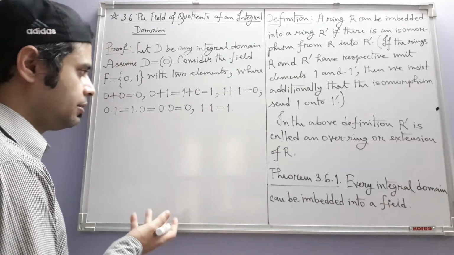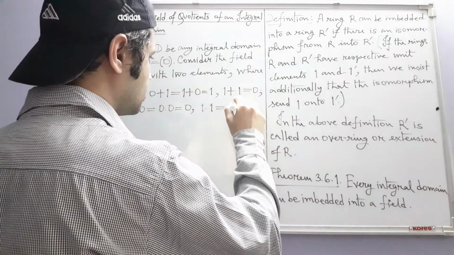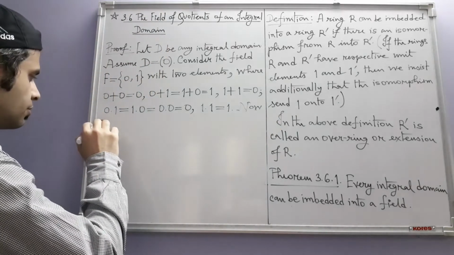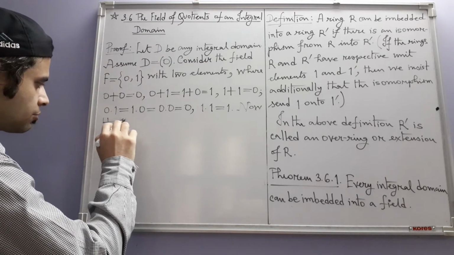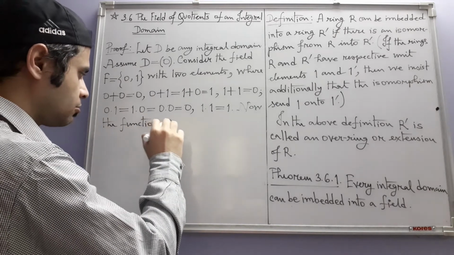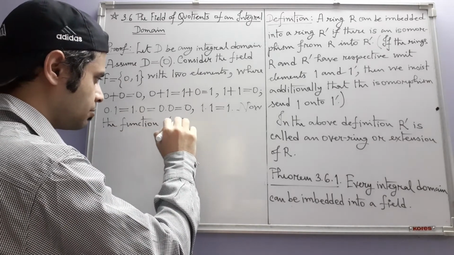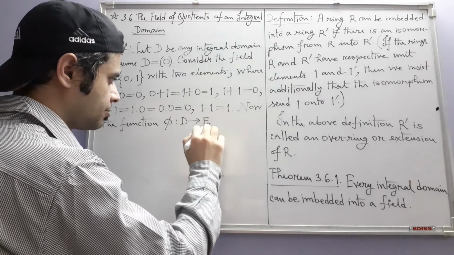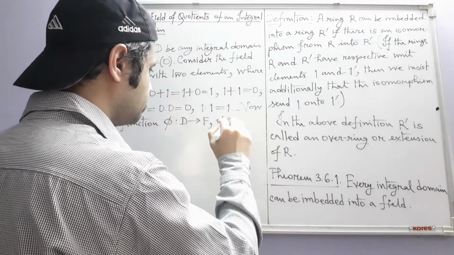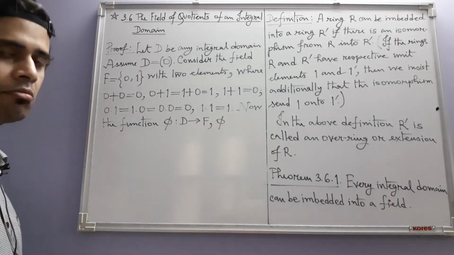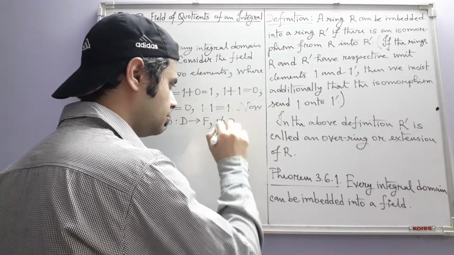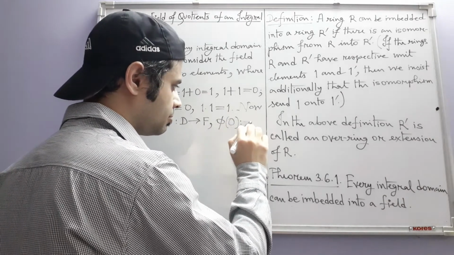It's not very difficult. Now the function phi from D into F given by phi of 0 equals 0, because you see D has only one element, so I need to define only the output of that element.